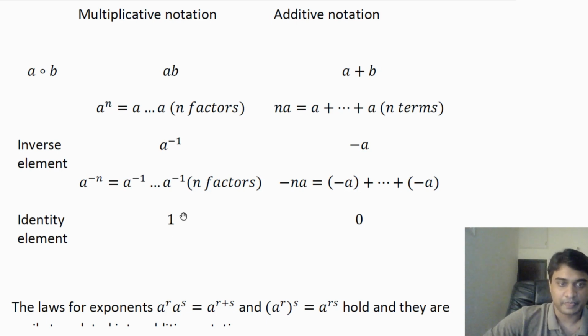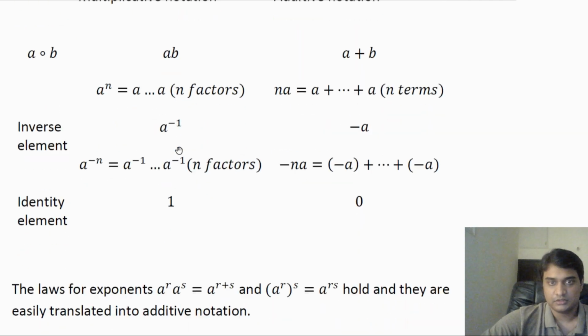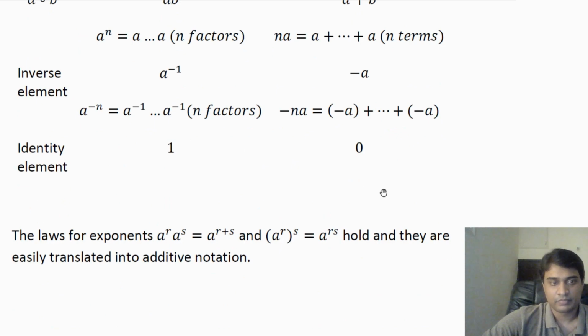So when we use multiplicative notation, we denote the identity element by the symbol 1, and when we use additive notation for the group, we use the symbol 0 for the identity element. It's just a symbol that we are using.